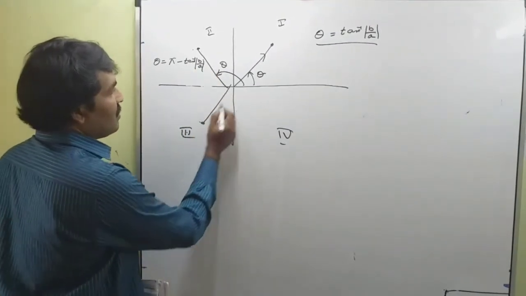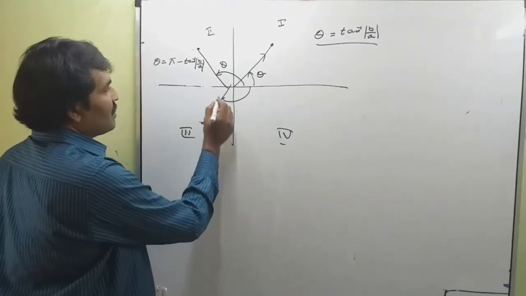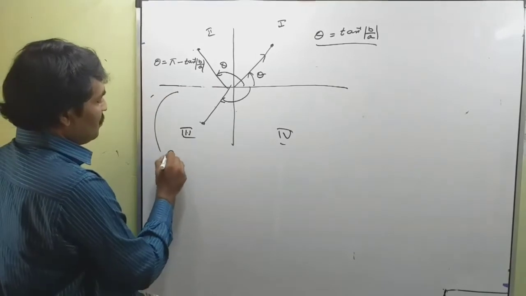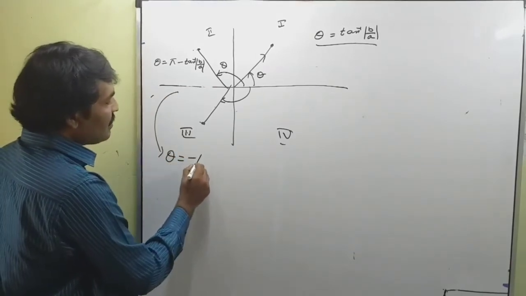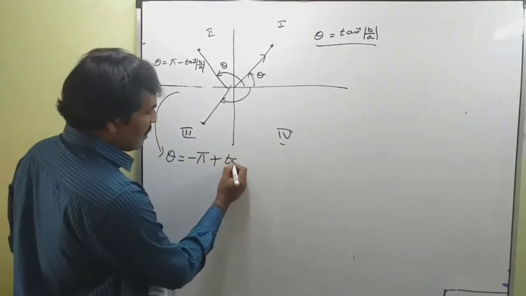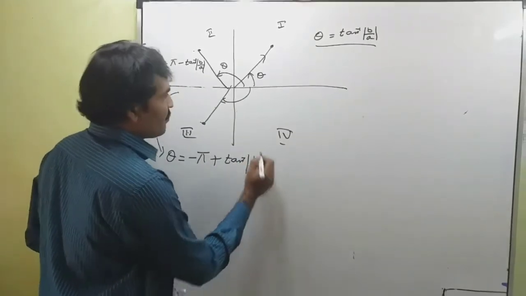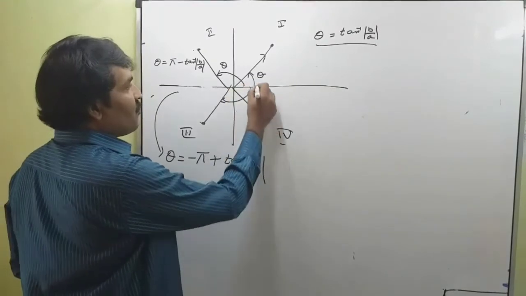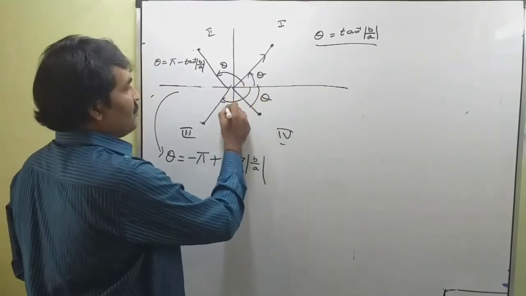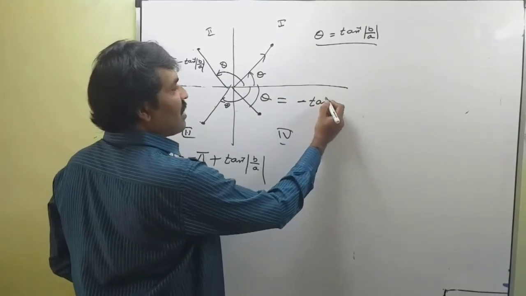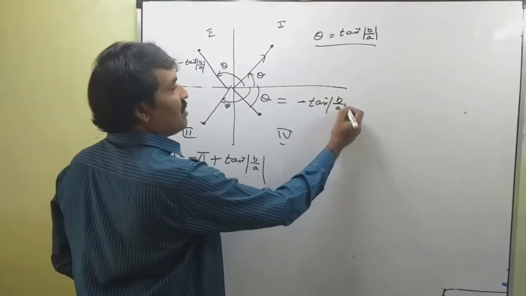Suppose third quadrant, then theta is equal to minus pi plus tan inverse mod b by a. Suppose theta is in the fourth quadrant, then theta is equal to minus tan inverse mod b by a.